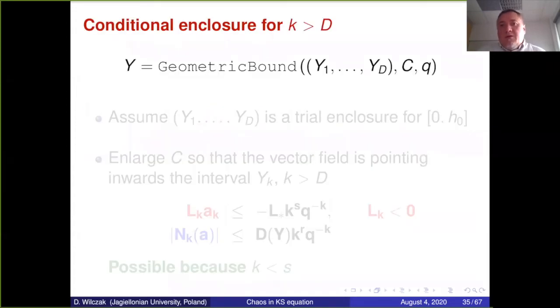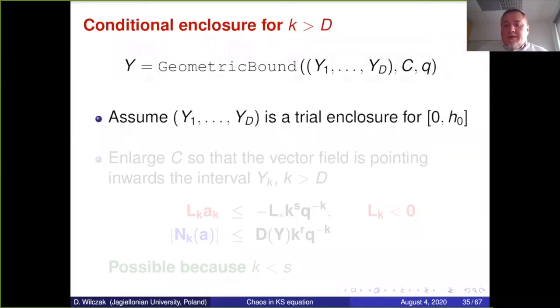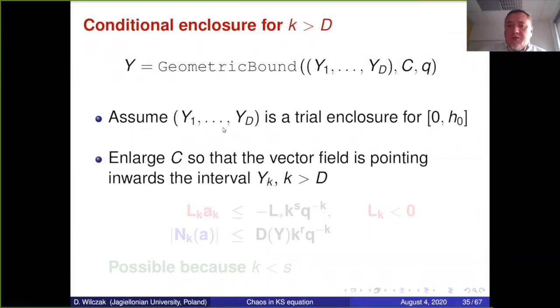And then our enclosure is a set which I call in my code a geometric bound, which is in this form. We have some number of intervals here and two quantities, a constant c and q, which correspond to this geometric decay. And we compute some trial enclosure on the main modes, and then we enlarge this constant c on the tail so that we have this inclusion.